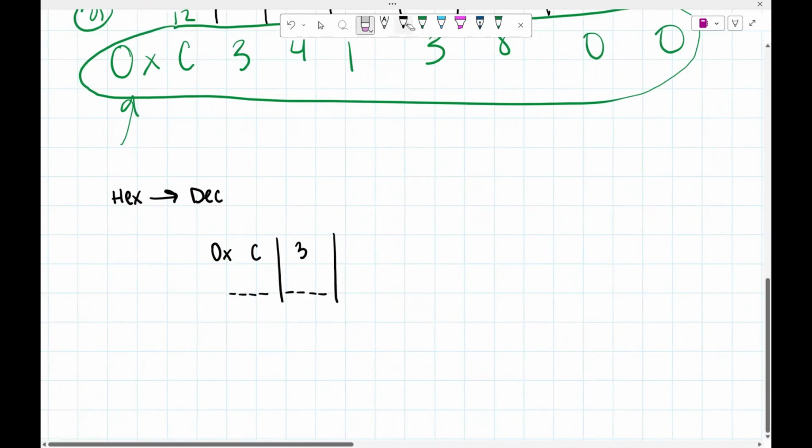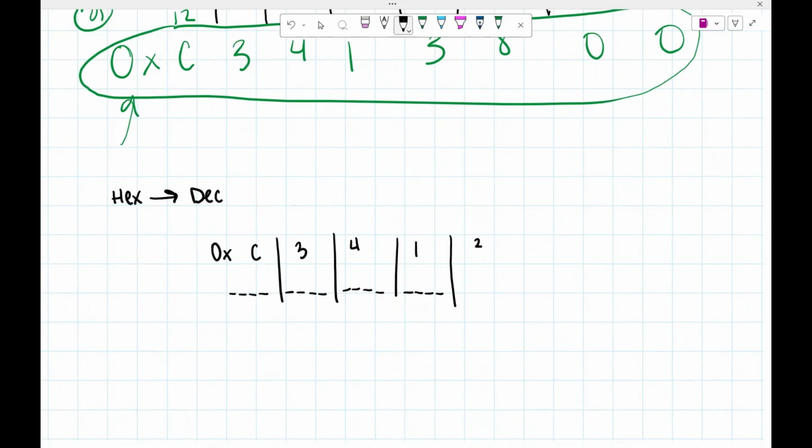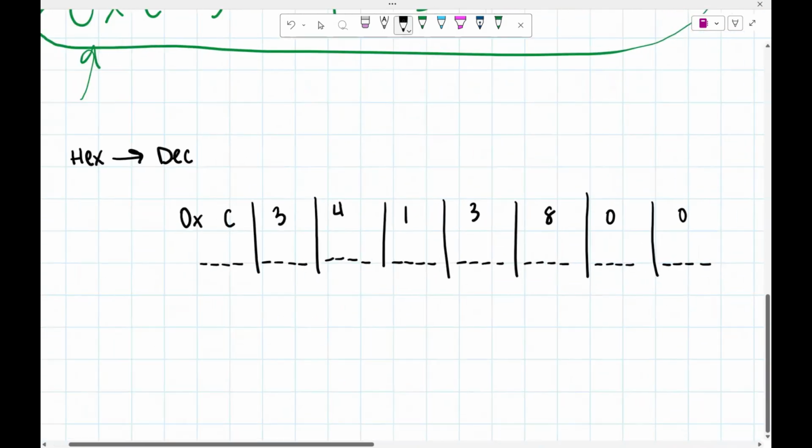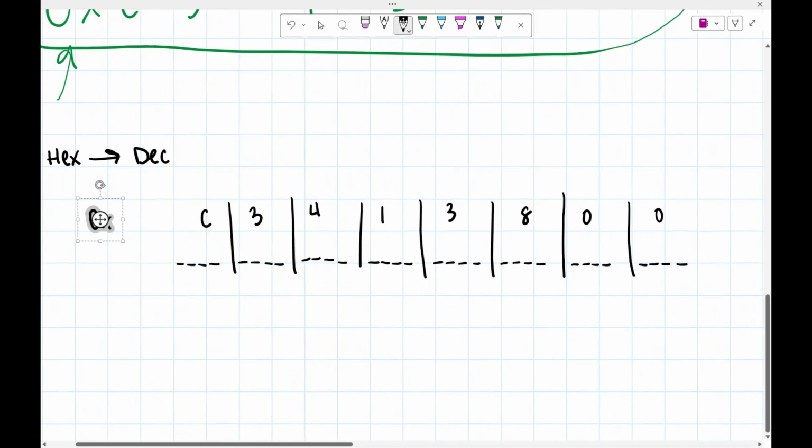Because a singular hexadecimal digit will be represented by 4 bits, right? Okay. Let me just make sure this is the same number. Yep. Okay. I'm gonna move this to the side so that you guys don't get confused.